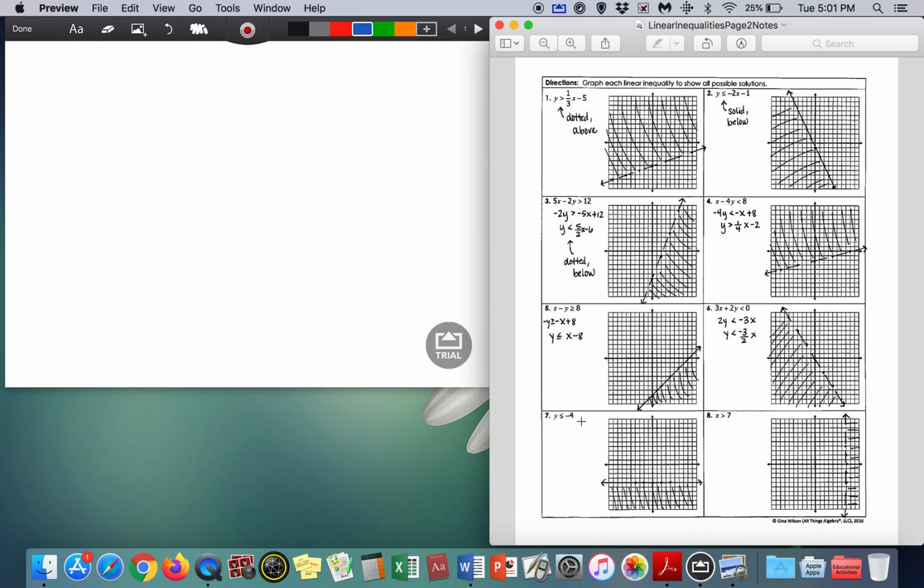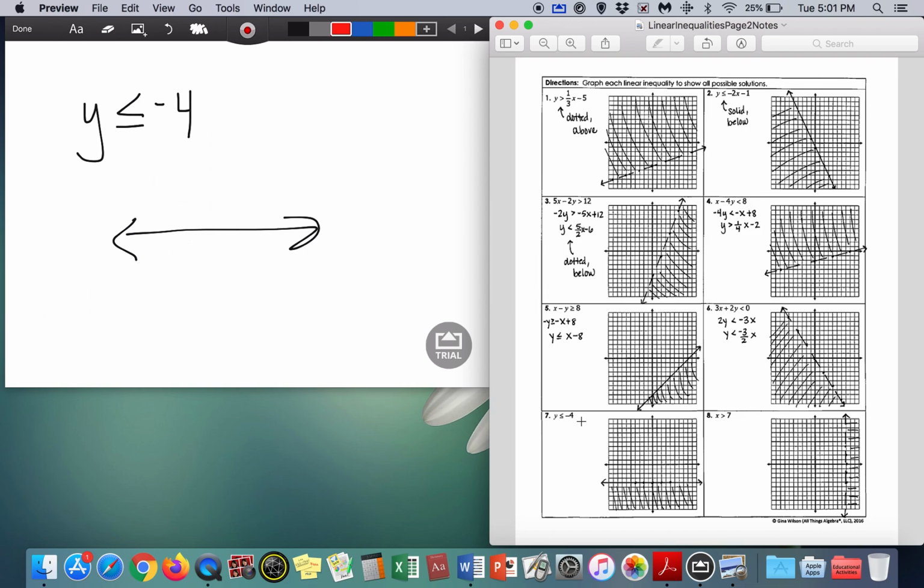And then for this one, you don't actually have to test a point. You just have to think about what this is saying. So this is saying y is less than or equal to negative 4. So when you think about that line, you're looking for the points where the y is less than or equal to negative 4. So I'm not testing things. I'm just going to try to think about what points this would be.